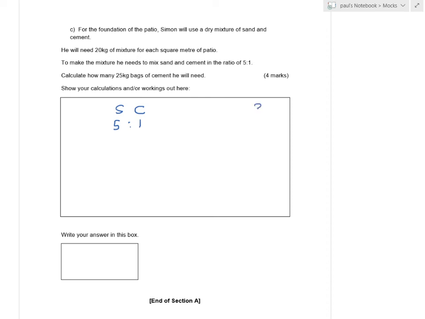Oh, don't forget we've got 30 meters squared. So he's going to need 30 times 20, which equals 600 kilograms of mixture.